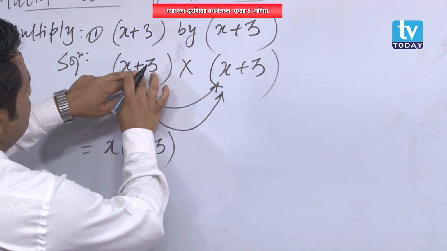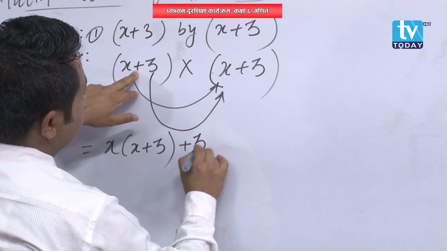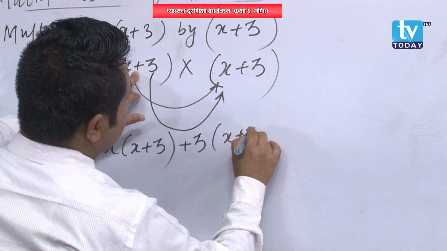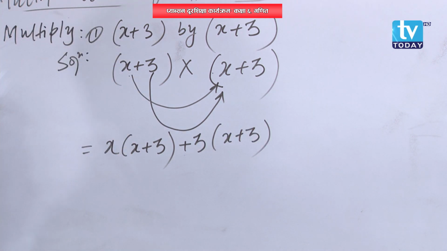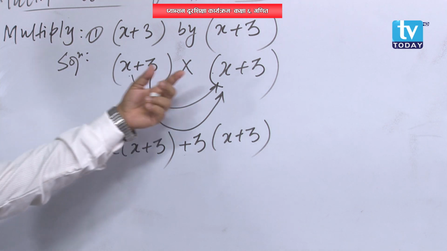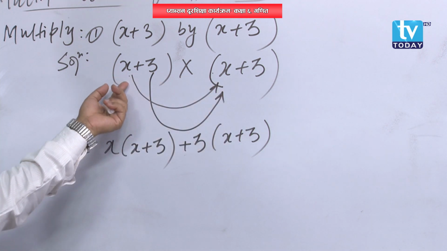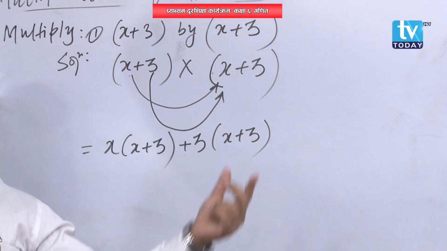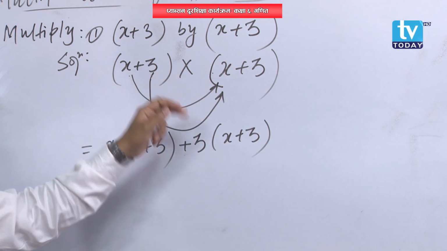Now there is a plus symbol, so you write plus x plus 3. First you have to multiply x plus 3 by x, and again you have to multiply x plus 3 by 3.